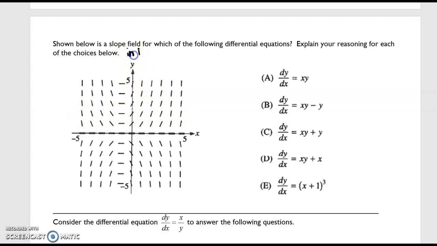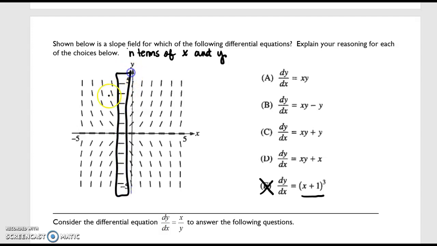This has to be in terms of x and y. So I automatically know any of my differential equations that are only in one variable cannot match up. So I see E says x plus 1 cubed. This is not going to be x plus 1 cubed because this differential equation has to be in terms of x and y.